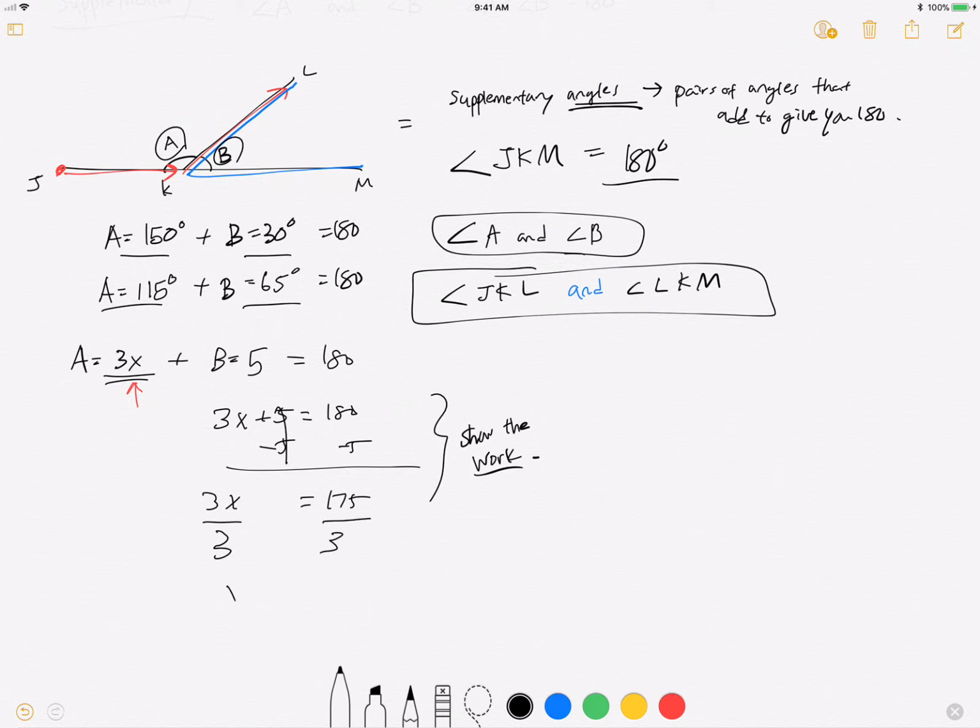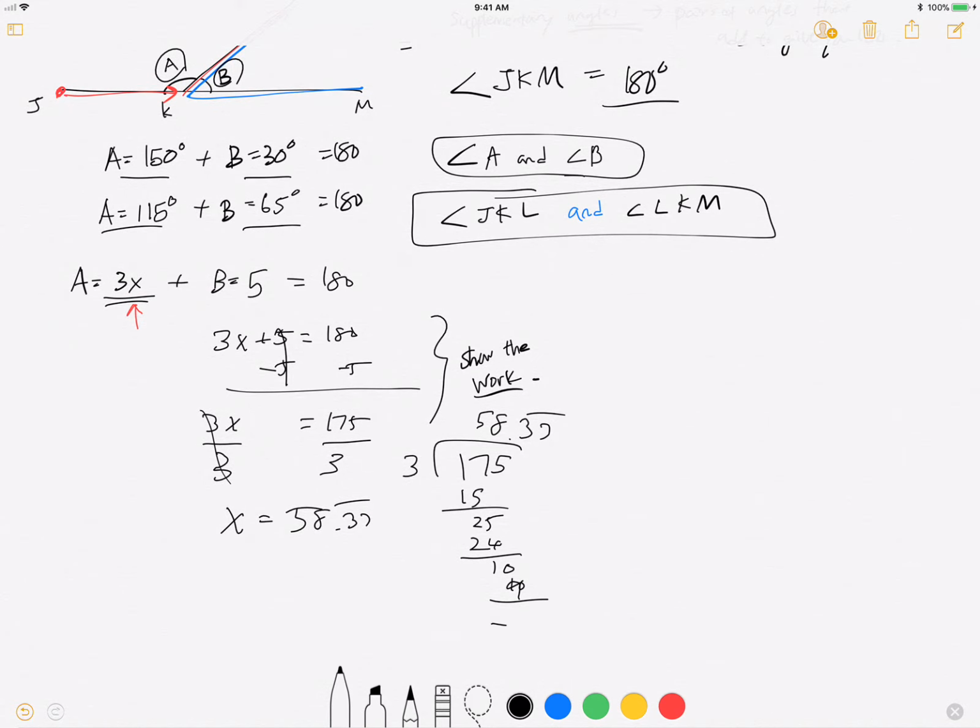Divide by 3 on both sides. These cancel out. So 175 divided by 3. Let's do it the old school style. 5, 15, 25, 8, 24, 1, 0, 8. So it's going to give you 58.33, because this will just keep on giving you tens. You subtract, and you're going to get a 1 here, bring down the 0.